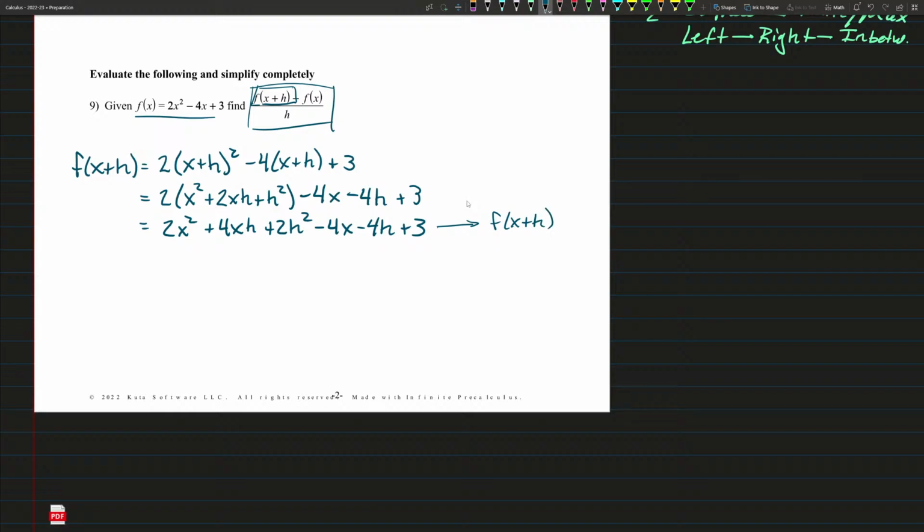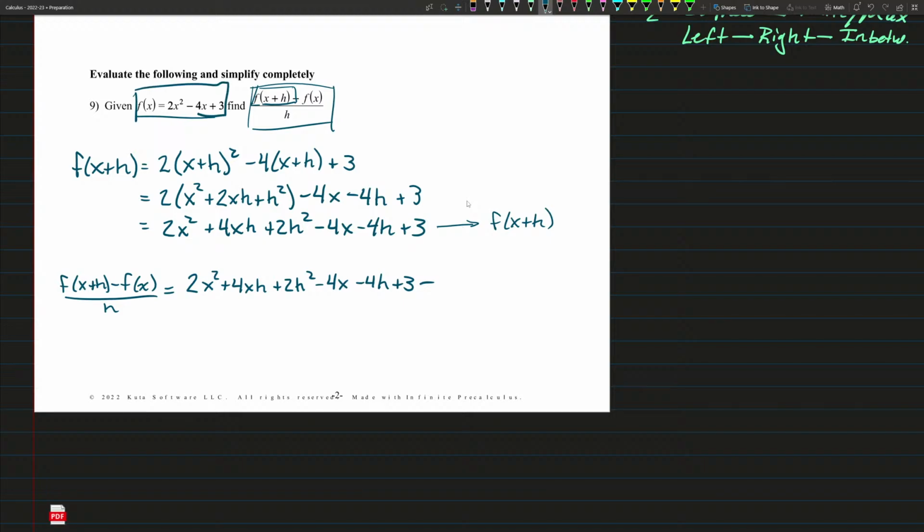And we're going to take that and subtract f of x, right? So let's put it into our entire formula. This is going to equal the line that we just found up top, and then we're going to subtract our f of x, right?